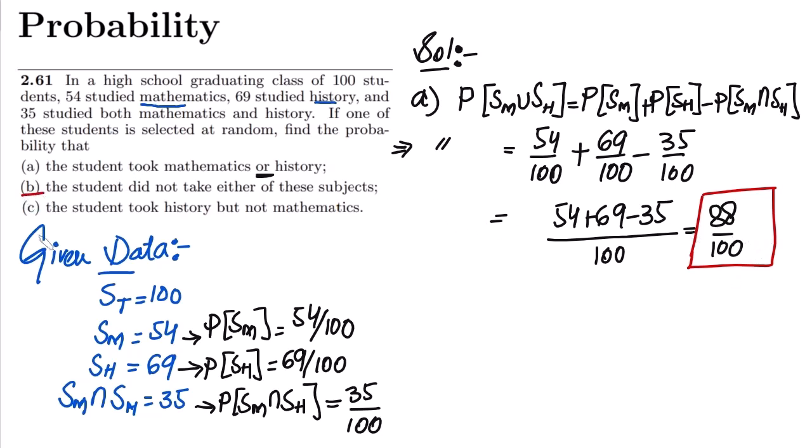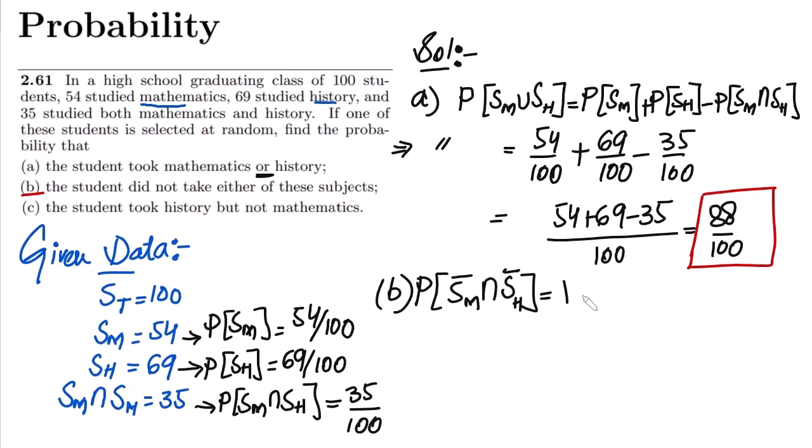Similarly, for part B, what do I have to do? We have to find the probability that the student did not take either of these subjects. They have taken neither mathematics nor history. So in order to find the solution, I have to find the probability that he has taken neither mathematics nor history.